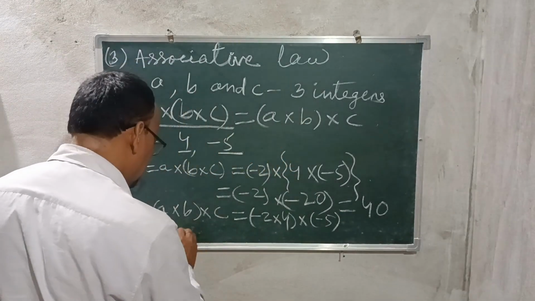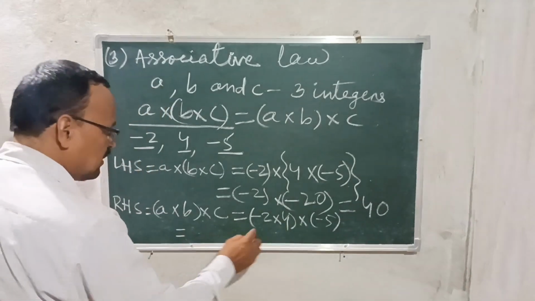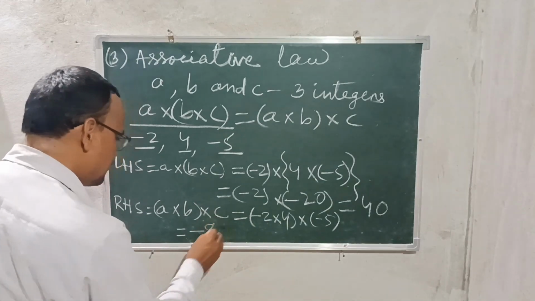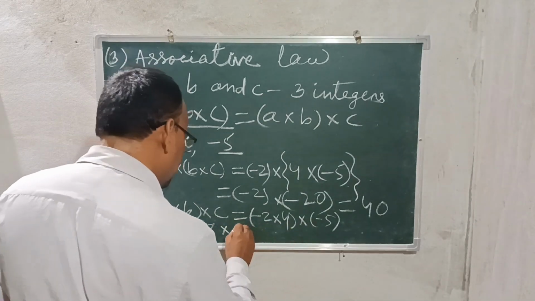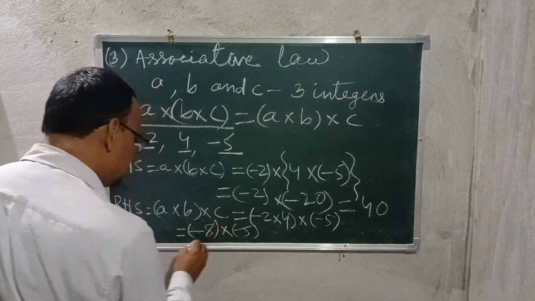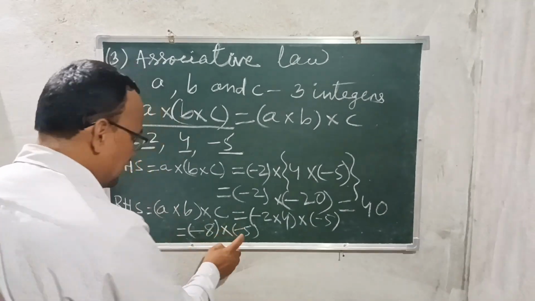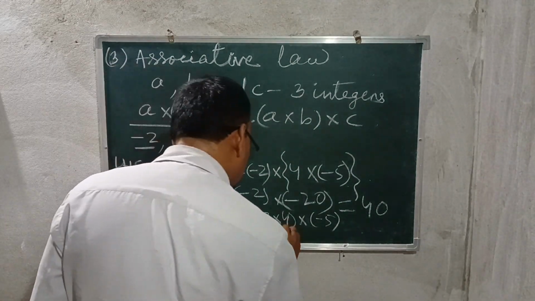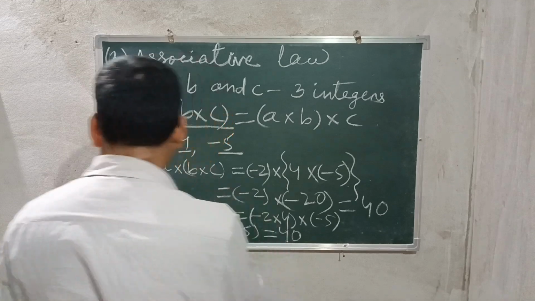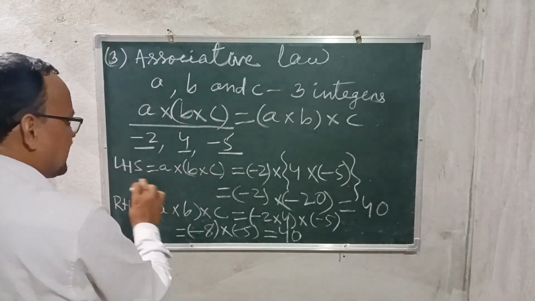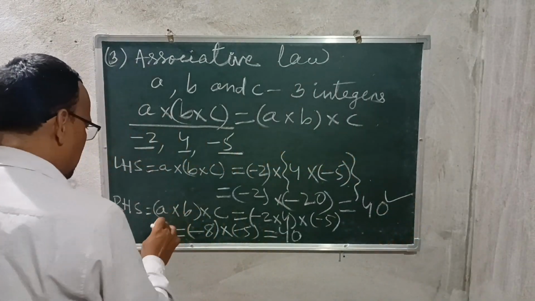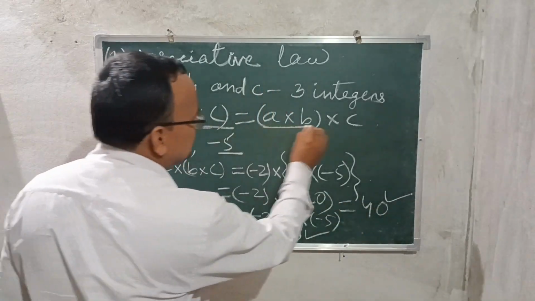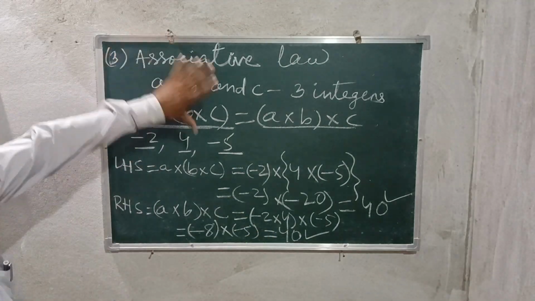And that is equal to -2 into 4, unlike sign, negative, 2 4s are 8, into -5. Like sign, minus and minus, these are like signs, so answer will be plus, 8 5s are 40. Here LHS, when we solve the LHS, we get 40, and when we solve the RHS, we get 40 also. So left hand side is equal to right hand side, and this is the verification of the associative law of multiplication.